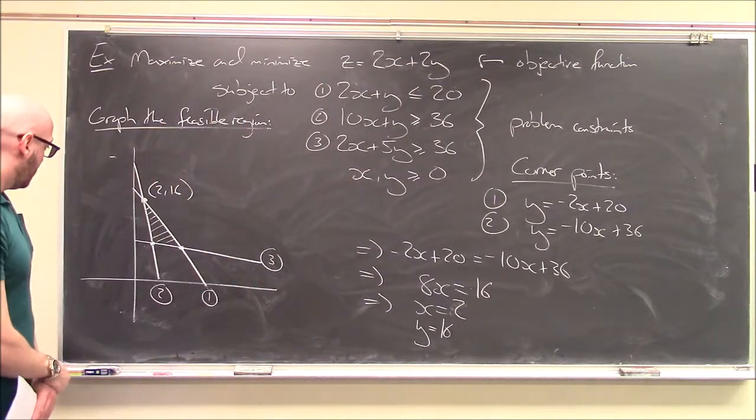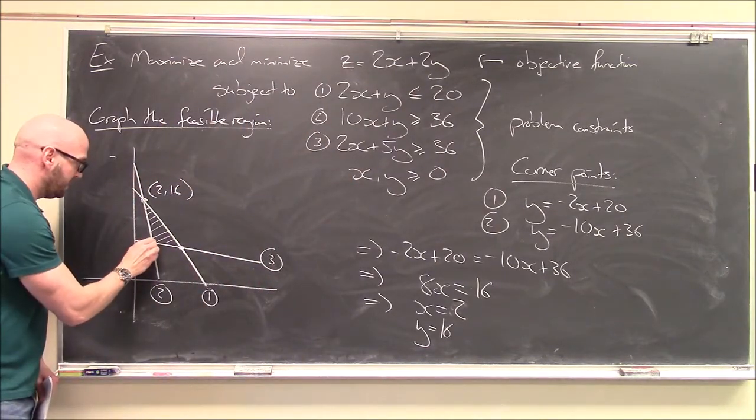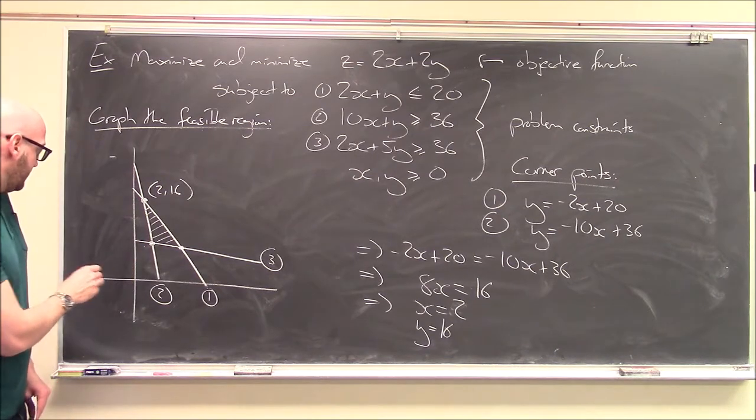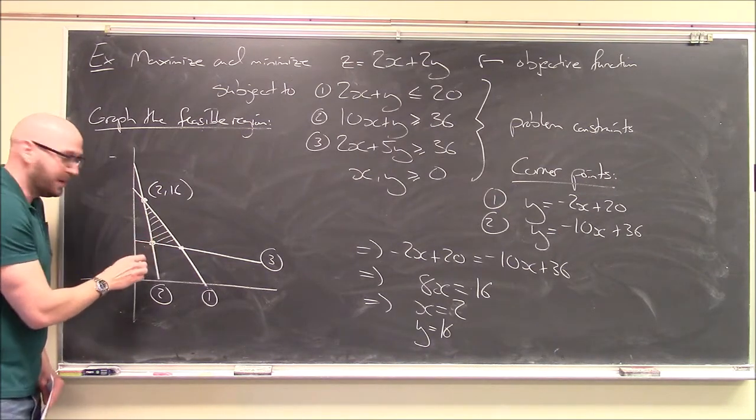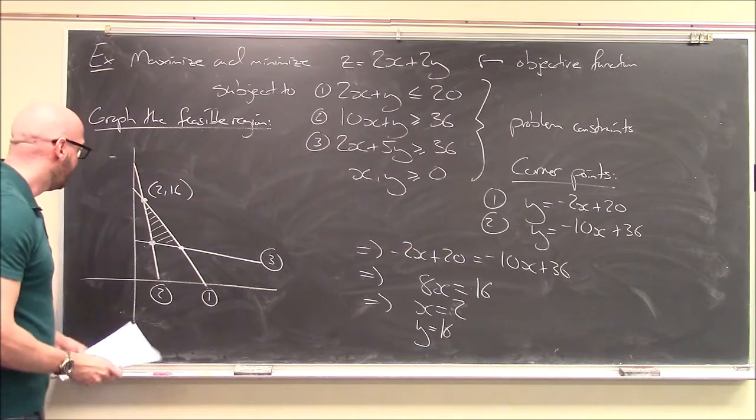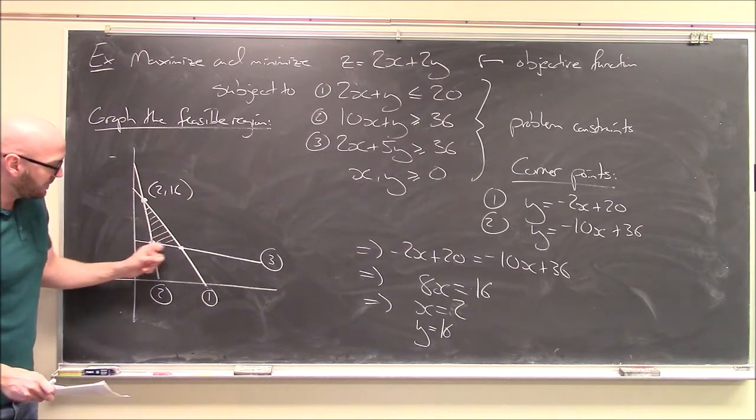All right, how about we do corner point number, well, I haven't numbered them, but we'll do this corner point right here now. That's the intersection of boundary line number 2 and number 3.